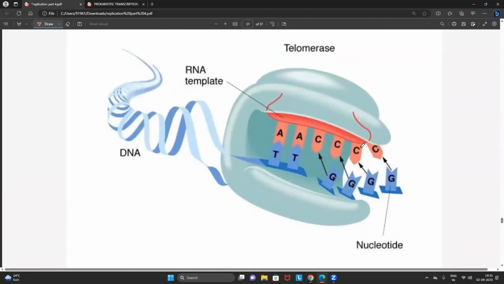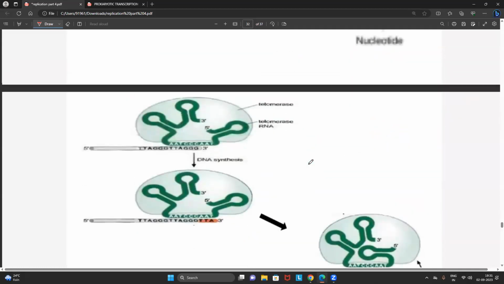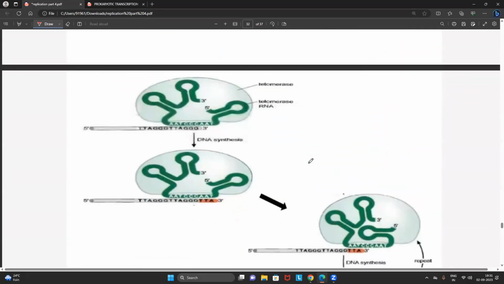Now, this is how the telomerase enzyme looks. You can see the picture very clearly, right? Inside the telomerase you can see the telomeric RNA, and you can also observe an enzyme called reverse transcriptase. First, all the students have to understand my statement very correctly.